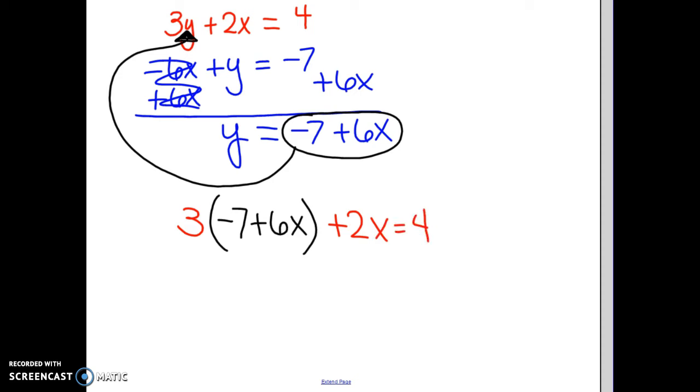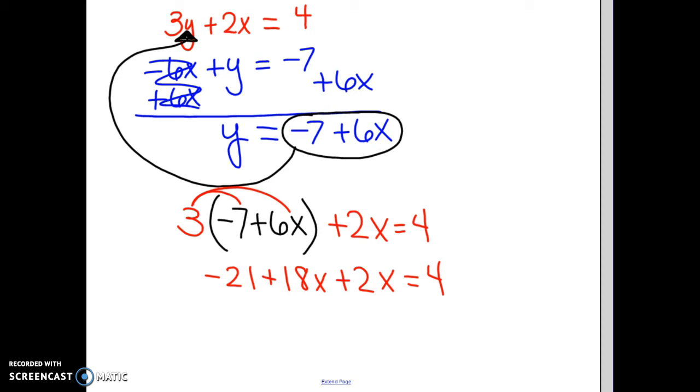And I use all of the algebra skills I have learned to solve this equation for x. First with distributing, 3 times negative 7, negative 21. 3 times 6x, positive 18x. I keep my positive 2x equals 4.